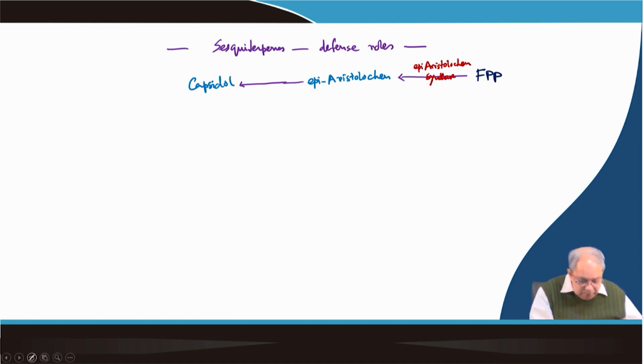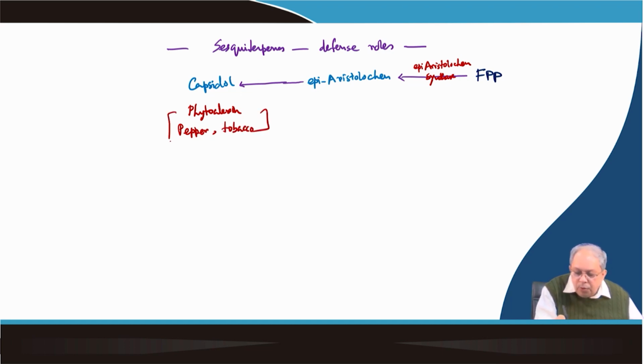And so, what I have mentioned you can also note it down here, this is basically a major phytoalexin and it is found in pepper and tobacco.